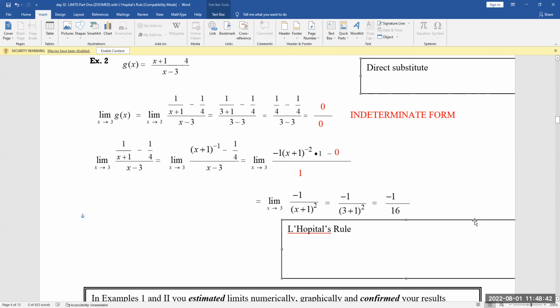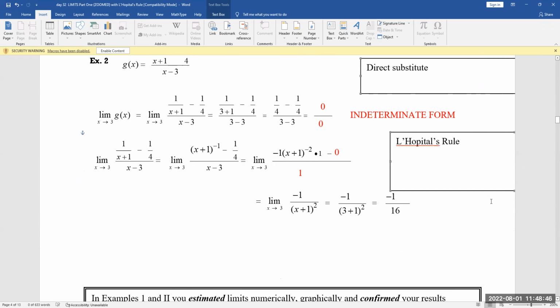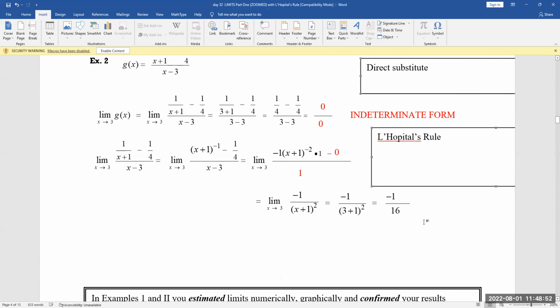Oh, before I put 3 in, I decided, that negative exponent, I think I'll put it in the denominator where it belongs. Getting -1 over x plus 1 quantity squared. As x approaches 3, I just do a direct substitution of 3. 3 plus 1 is 4. 4 squared is 16.